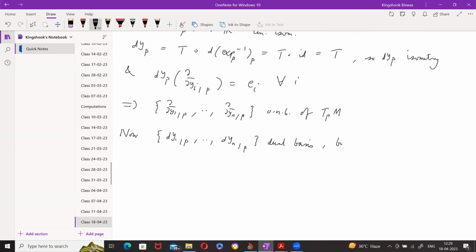But since del yi at P is an orthonormal basis, the dual basis is given by taking the inner product. So dyi at P acting on V is equal to the inner product of del yi at P with V.